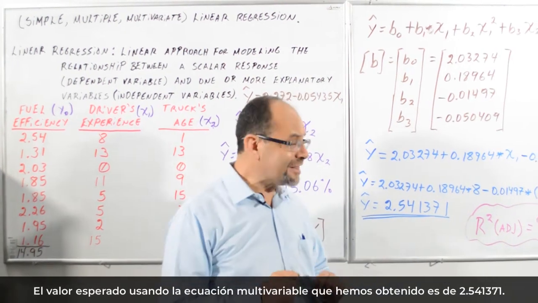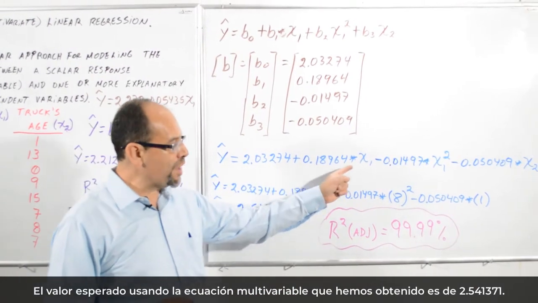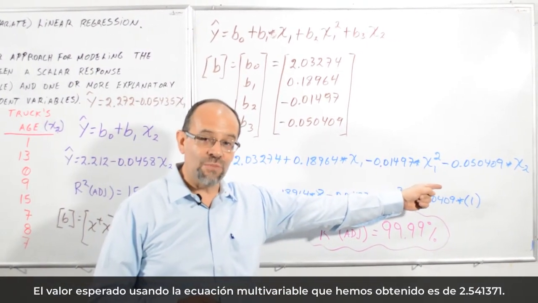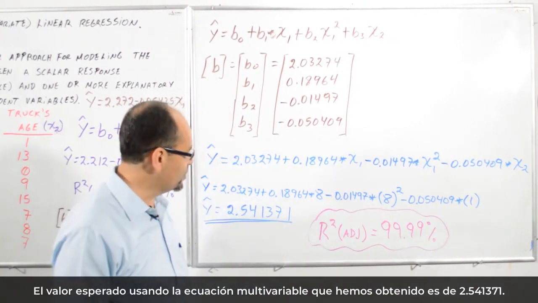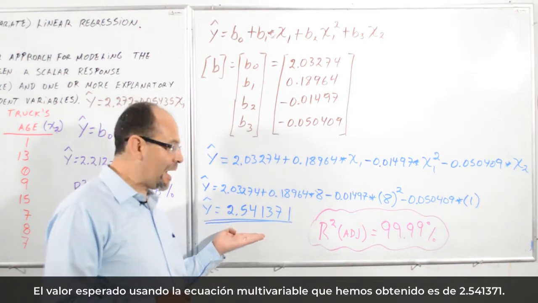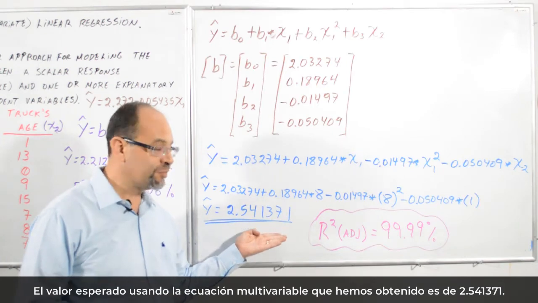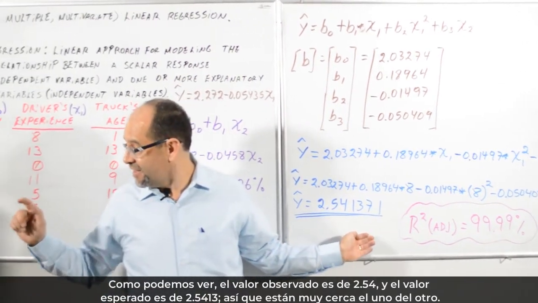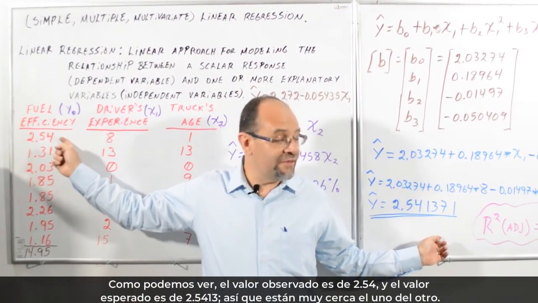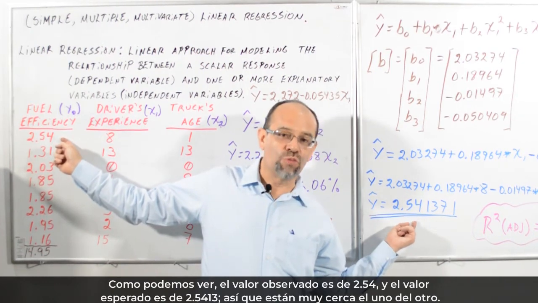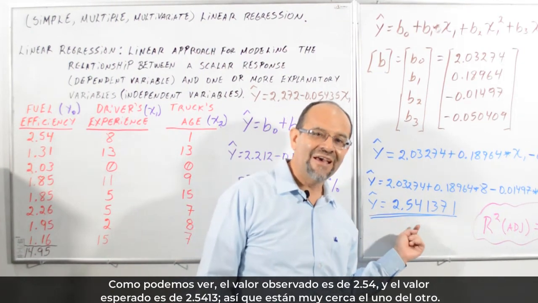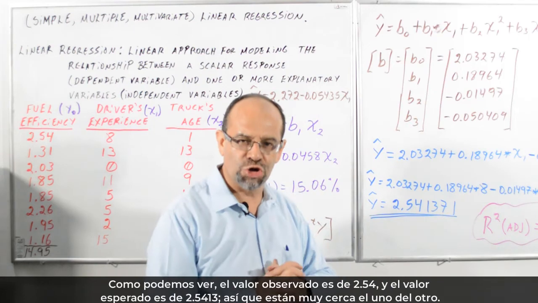The expected value using the multivariate equation that we have obtained is 2.541371. As you can see, the observed 2.54 and the expected 2.5413 are very, very close to each other.